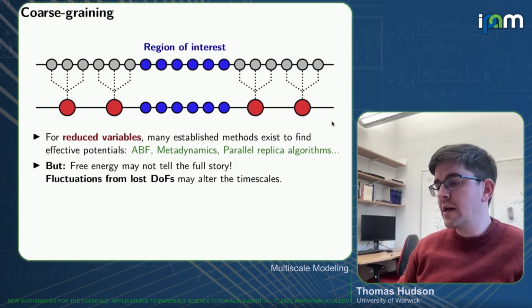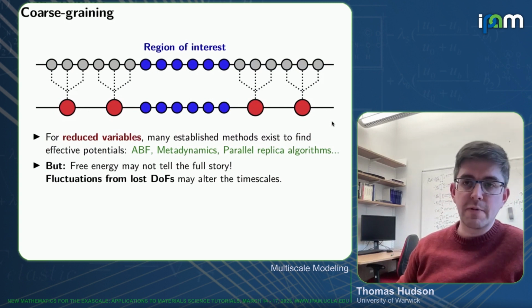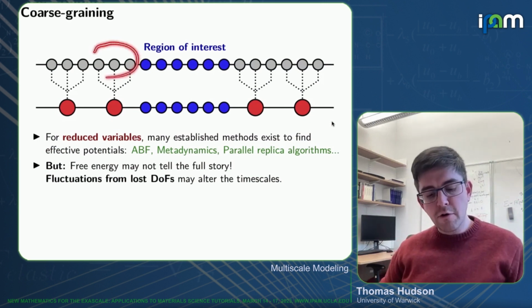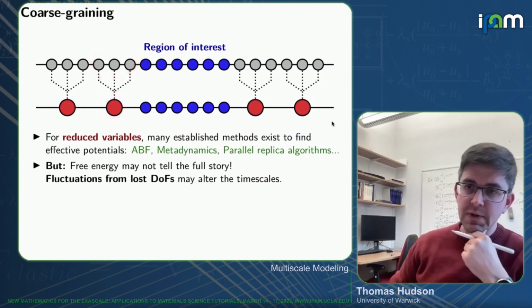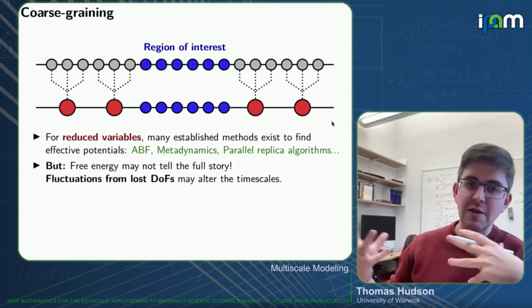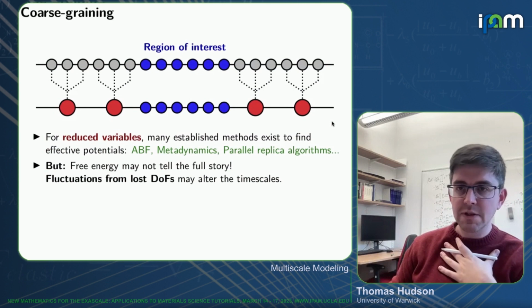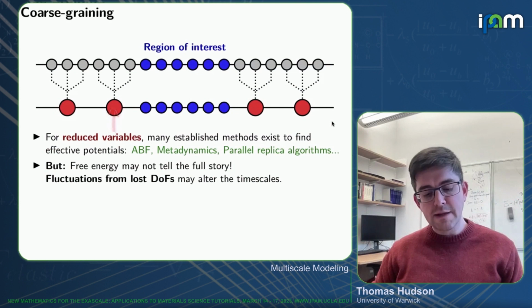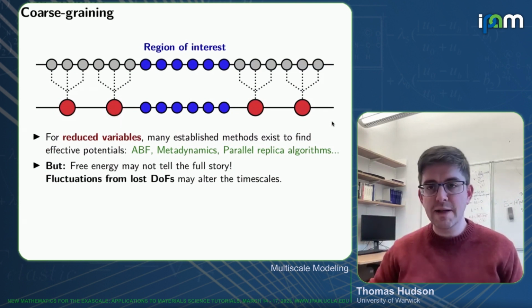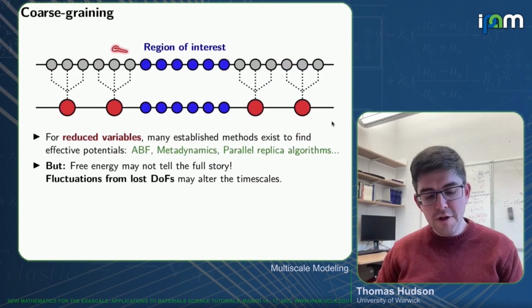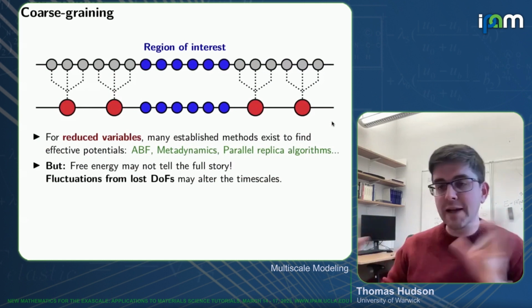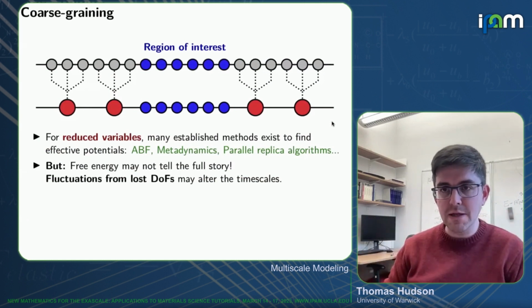Some of the dynamical properties of this system may not be accurately captured by the free energy alone. One way to see this is to think about the reduction from these three atoms down to this one red atom, this effective bead. Imagine that this red bead is the center of mass of these three atoms. If I just fix the center of mass of this red bead, there are still further degrees of freedom that describe how the gray atoms are placed relative to that center of mass within the bead.